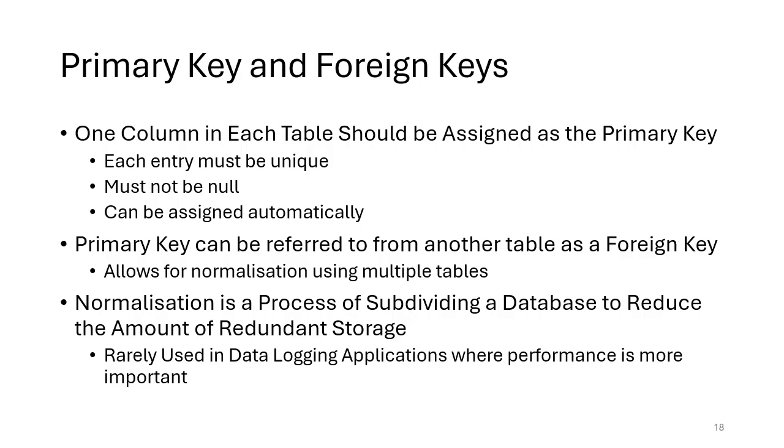It is not allowed to be null, but it can be assigned automatically. For example, in SQL Server you can have a seed value, which can start at 1 and then be incremented by 1 each time you use it. So you get 1 in the first record, 2 in the second record, and so on, automatically assigned.